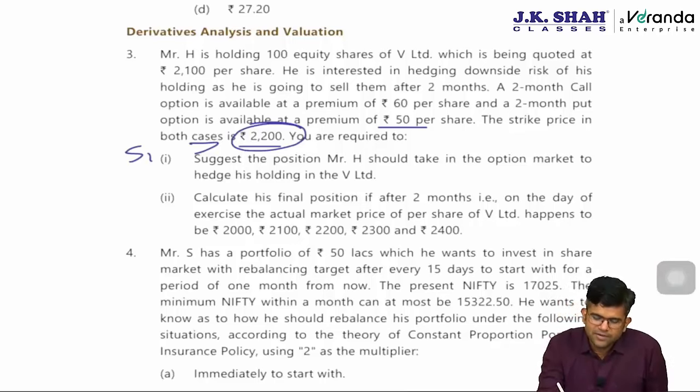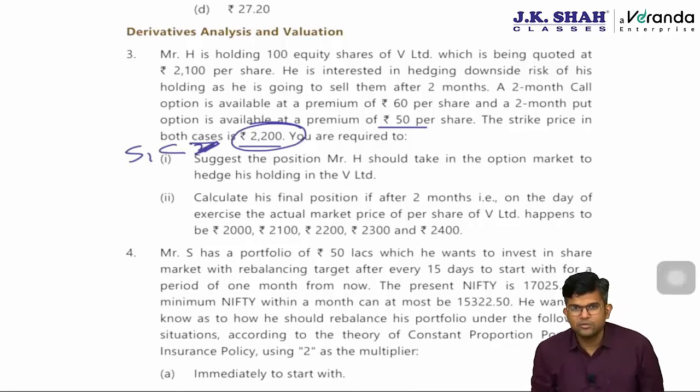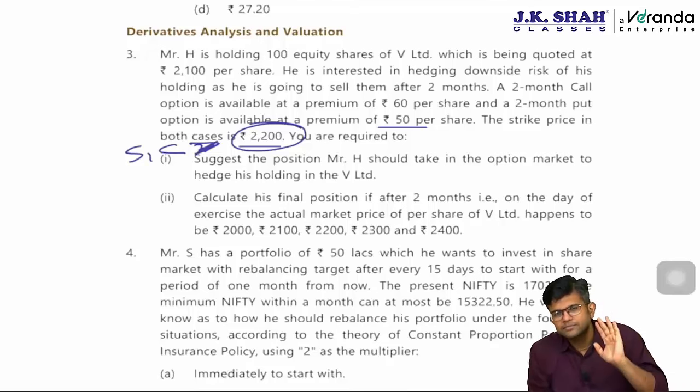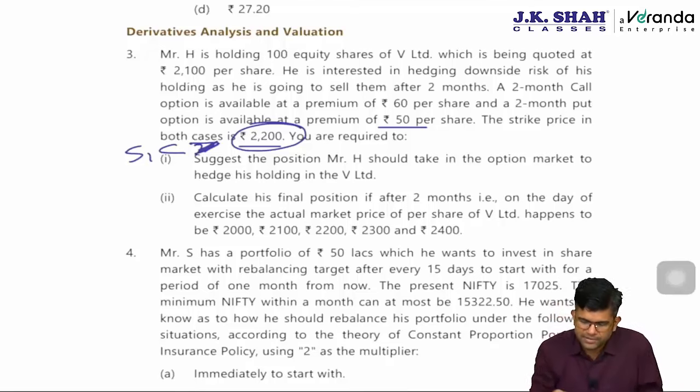Similarly, on the other side, if S1 is less than 2,200, oh yes, then your put becomes valuable. Do you realize you will exercise your right to sell at 2,200? Which means when S1 is below K, the put is in the money, you should exercise it. When the S1 is above K, the put is out of money, you should lapse it.